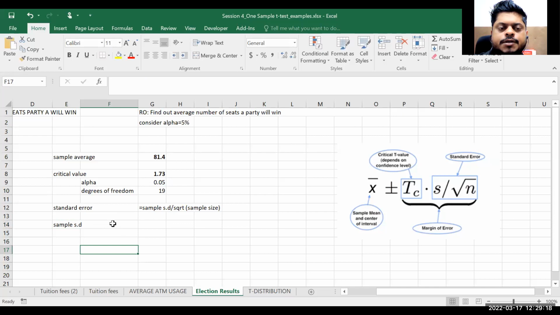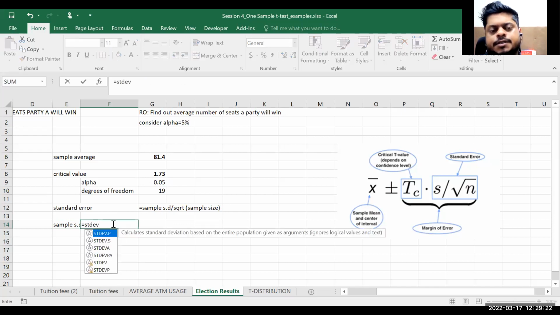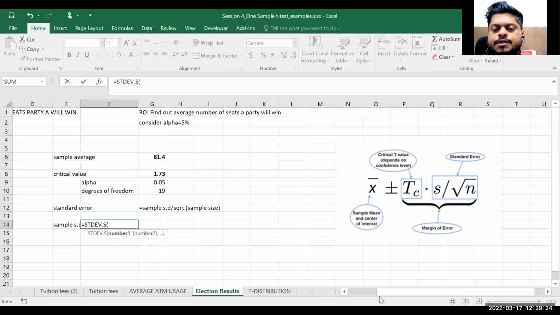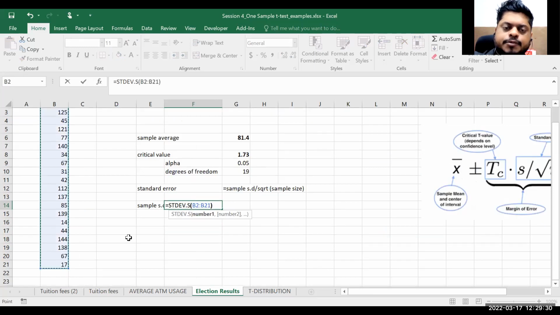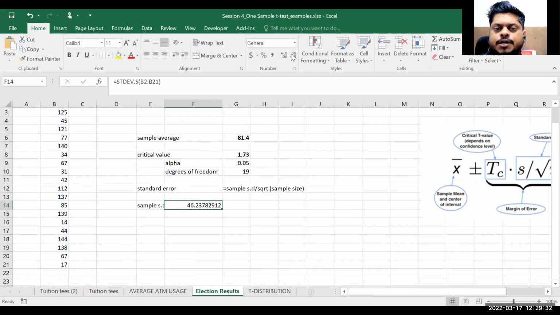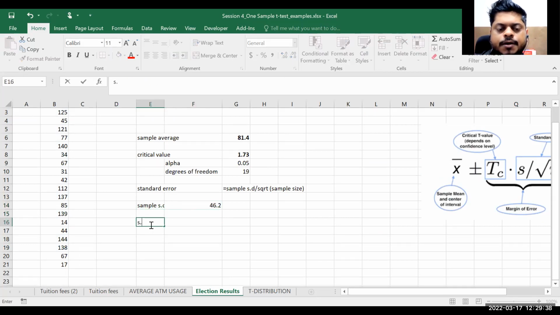Sample standard deviation is that formula STDEV.S, standard deviation dot S. Select the data points. So that gives you an idea about your sample standard deviation. Then standard error will be sample standard deviation divided by square root of sample size.